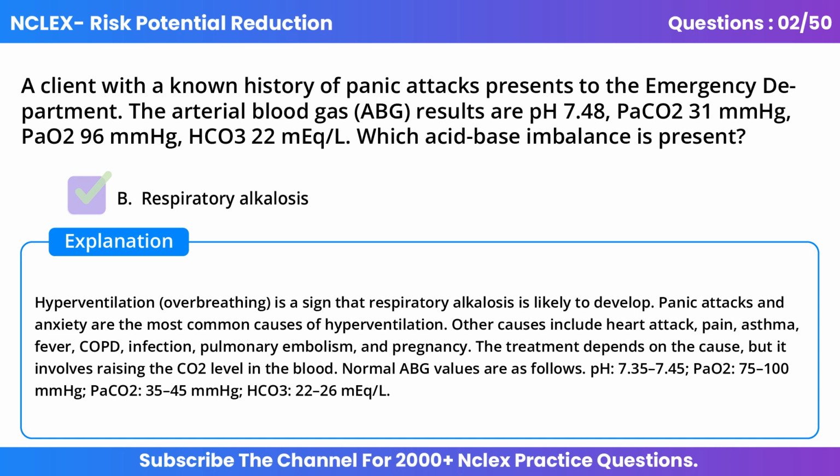The treatment depends on the cause, but it involves raising the CO2 level in the blood. Normal ABG values are as follows: pH 7.35 to 7.45, PaO2 75 to 100 mm of mercury, PaCO2 35 to 45 mm of mercury, HCO3 22 to 26 mEq/L.